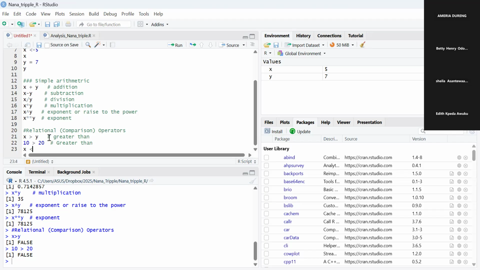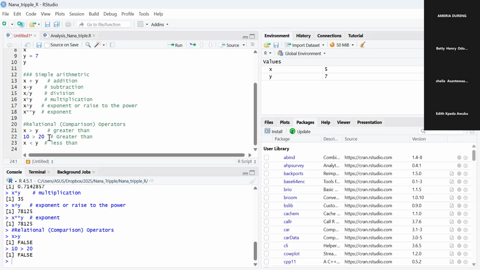Yes, your hand is up. True. Yes, Prof. Please, I wanted to ask about the hashtag addition, hashtag subtraction thing. Is it that you are teaching R to understand what you are doing? But you just explained that it is to serve as a reminder to you, right?